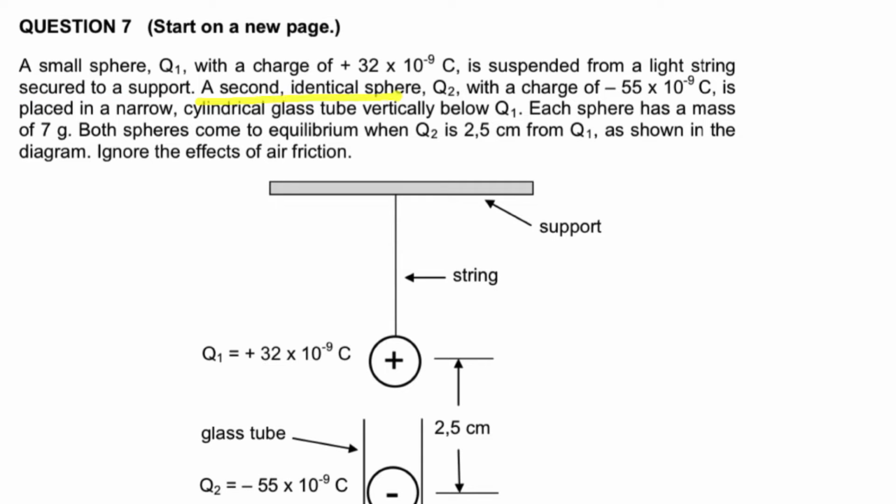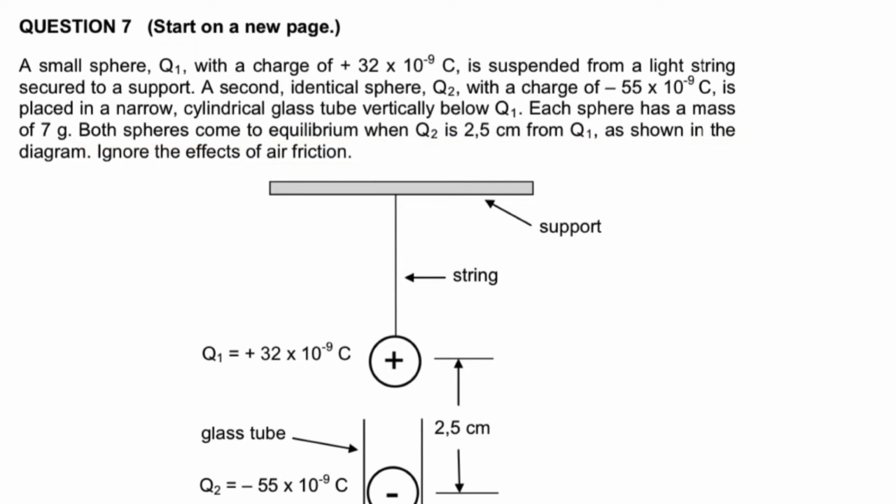A second identical sphere Q2 with a charge of negative 55 nanocoulomb is placed in a narrow cylindrical glass tube vertically below. Each sphere has a mass of 7 g. Both spheres come to equilibrium when Q2 is 2.5 centimeter from Q1, as shown in the diagram below.